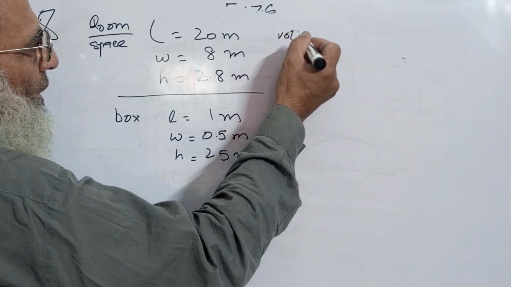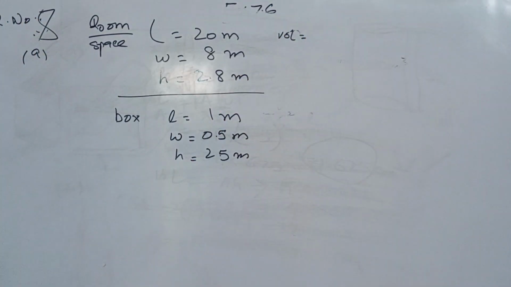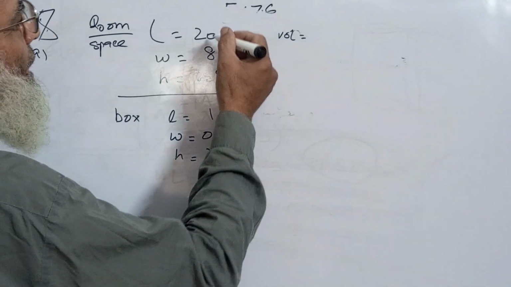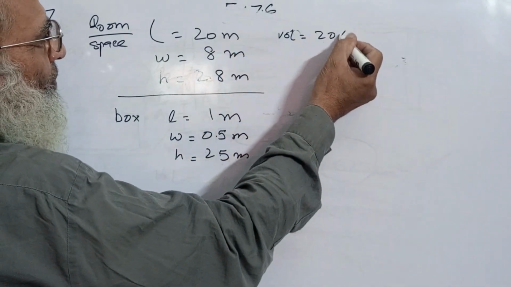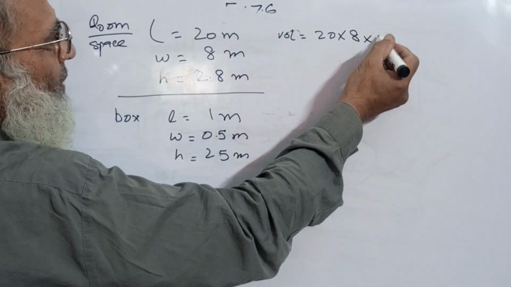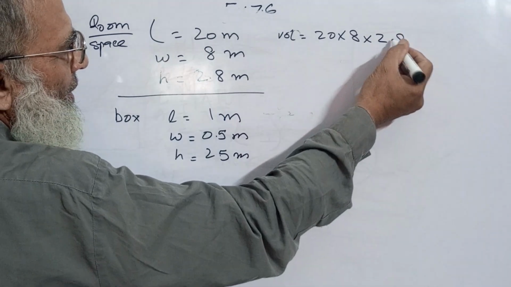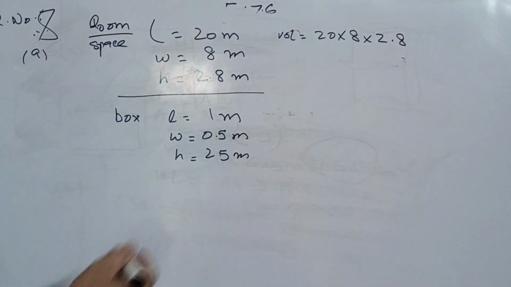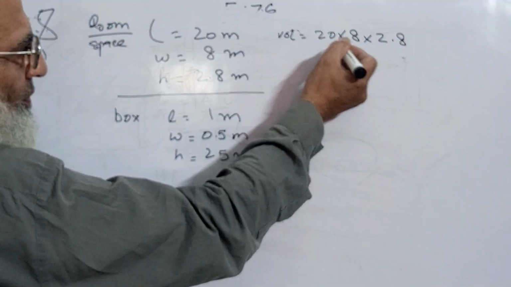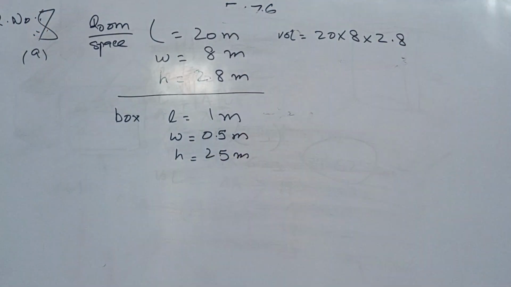Finding the volume is, I think, much easier than finding the area. Okay, it is 20 multiplied by 8 multiplied by 2.8. These are all in meters. You can also write meters along with them, just to remember that this is meter, and you have to make it square or cube.